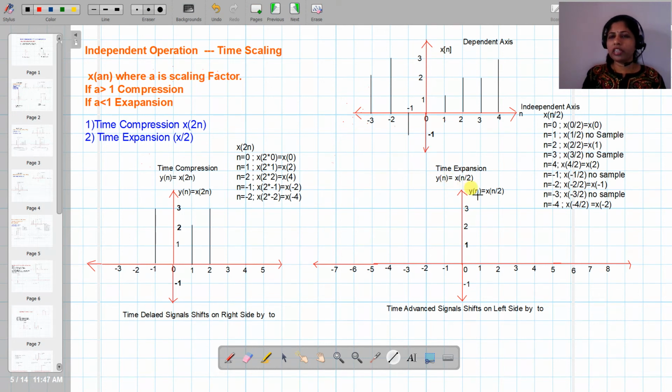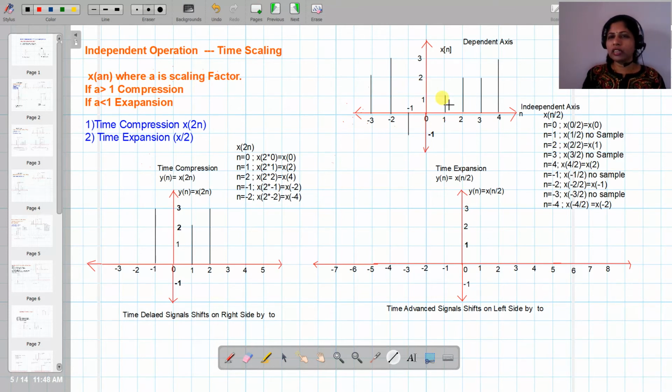Next, when n is equal to 2, y of 2 is equal to x of 1. So what is the sample present on 1? That is sample number 1 with amplitude 1. But on which position do we keep this sample? On y of 2.